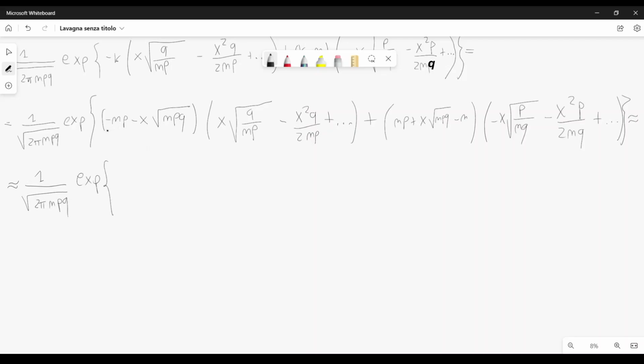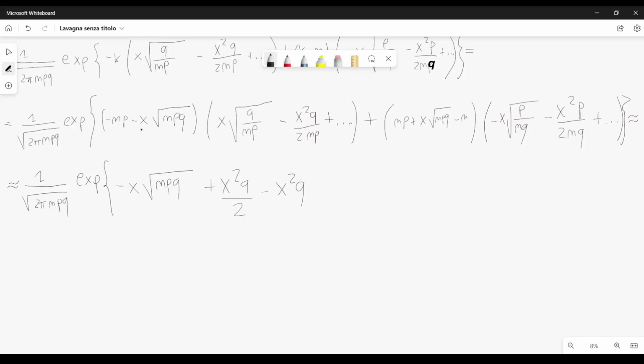Now I'm going to multiply out these terms with these terms. First I multiply this with this, so I get minus x times the square root of npq, and then I multiply this with this, and I get plus x squared q over 2, and then I multiply this with this, which will give me minus x squared q.